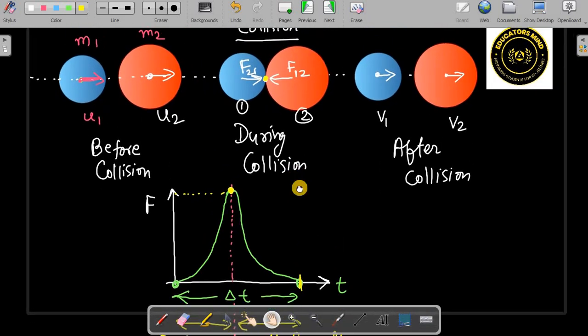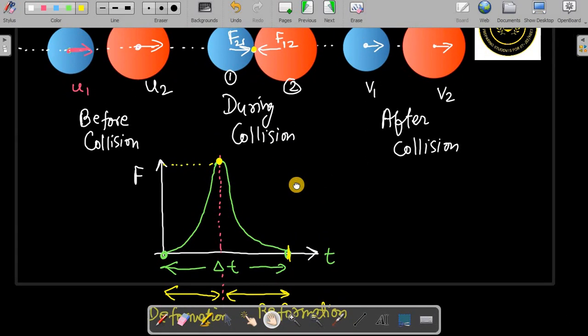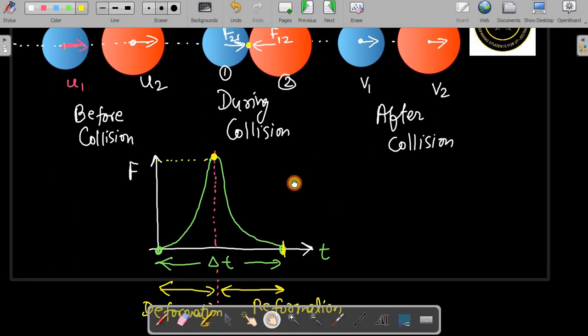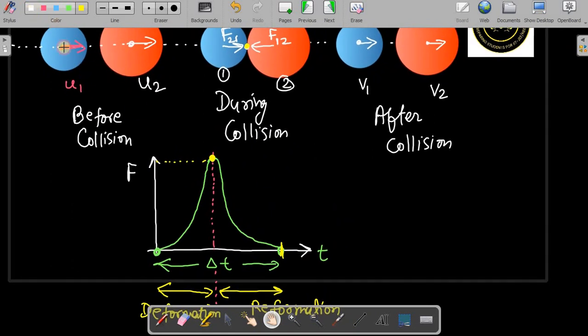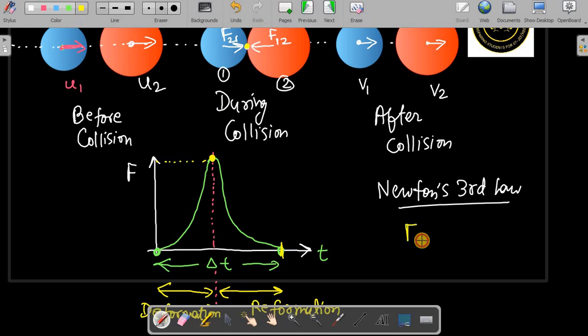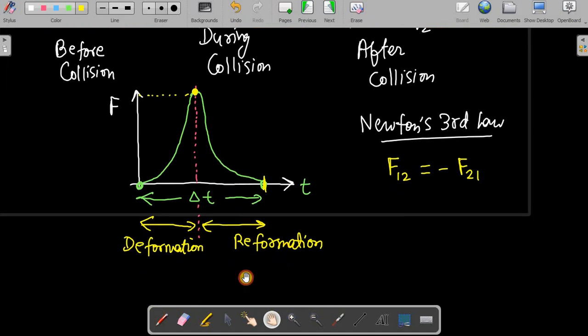Okay, coming back to here, now let us study the change of momentum of the first body. If you consider Newton's third law, the force acting on 1 due to 2 is opposite of the force acting on 2 due to 1, because these are action and reaction forces.